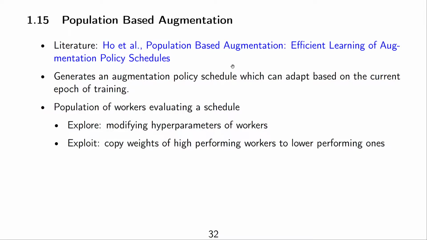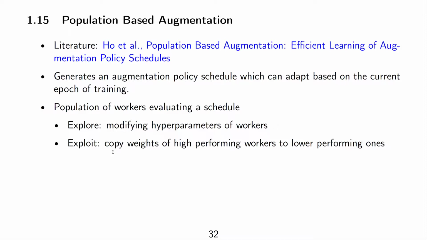Population-based augmentation is another randomized search algorithm to find augmentation strategies. Let's look at the main part of the algorithm. There's an exploration stage where many different workers try to find a suitable augmentation strategy or augmentation policy, and these workers try to modify the hyperparameters to improve the augmentation strategy.